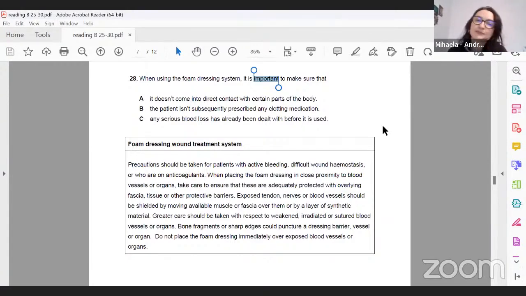We can eliminate B, and the correct answer is A.